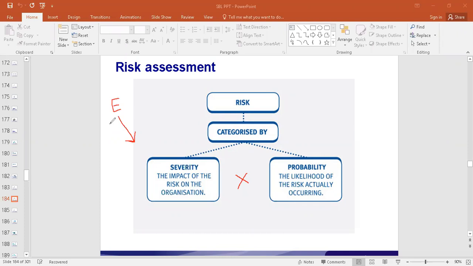Likewise, take all the events and the impact these events have on the organization with respect to each event. Identify the probability, multiply the impact by the probability. The sum total of all the events' impact multiplied by its respective probability will be risk. So that's how risk is calculated.